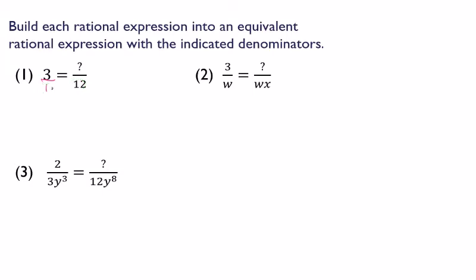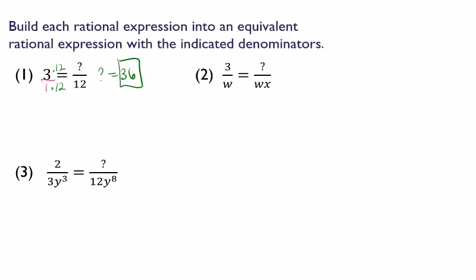We had to multiply by 12. So if you did that to the bottom to get this denominator, then you have to do the same thing to the top to get the new numerator, right? So 3 times 12 is 36, right? So 36 is the missing number there. Okay, and 36 divided by 12 is 3. We can easily check that.